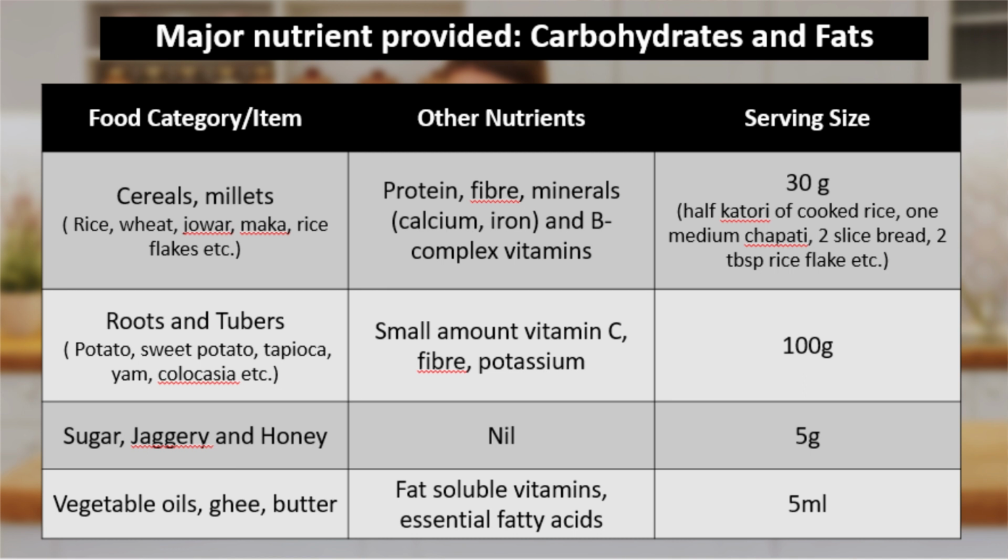And under this group, we also have the fats and oils because they provide us energy, and vegetable oil, ghee, butter, they all are items within the fat and oil exchange. Along with energy, they provide fat soluble vitamins and essential fatty acids. And here we take one serving size as 5 ml or 1 teaspoon of oil.